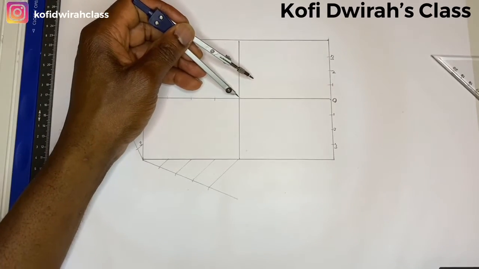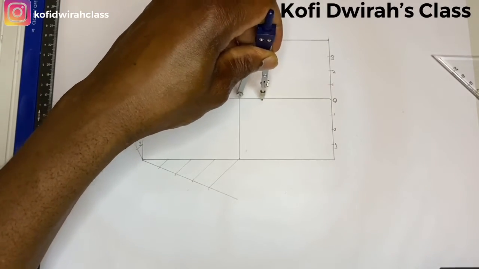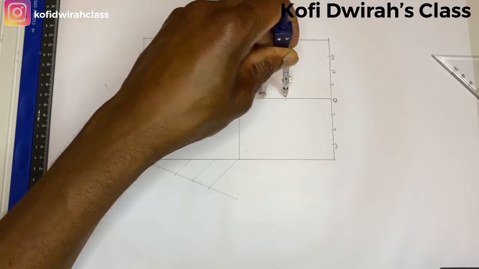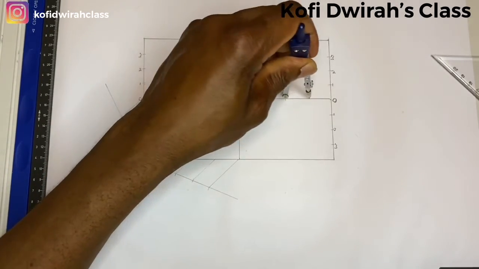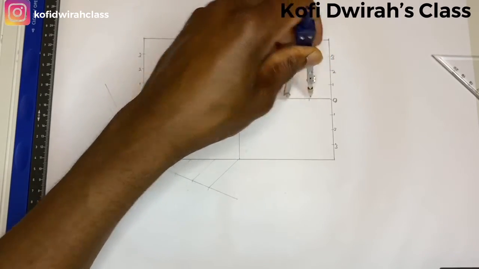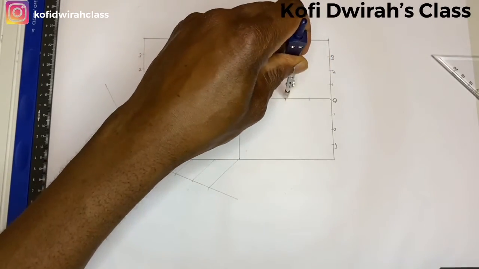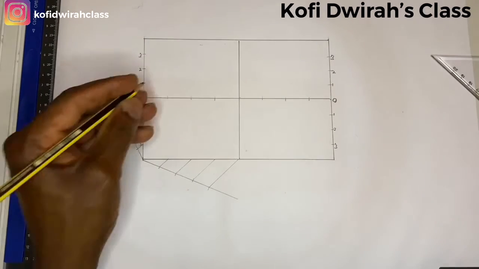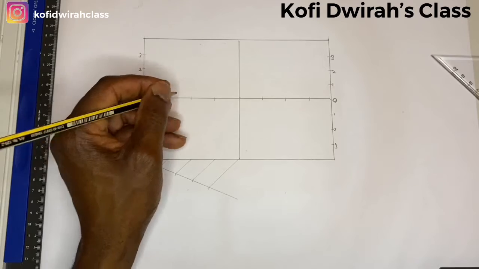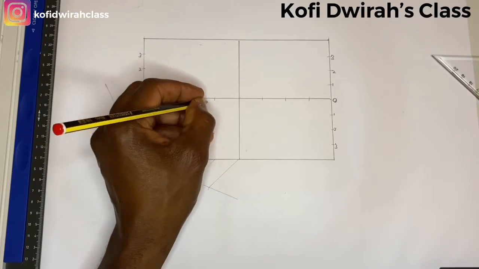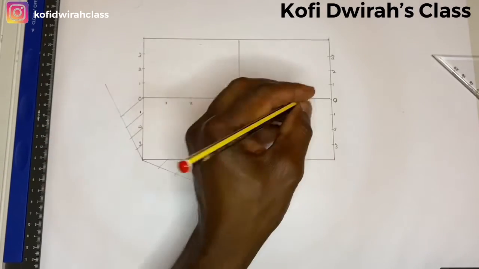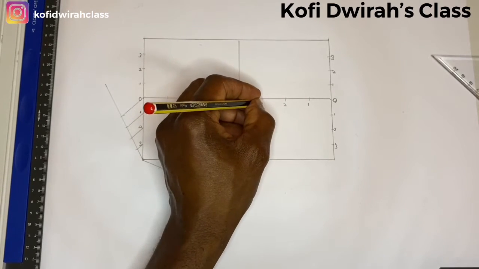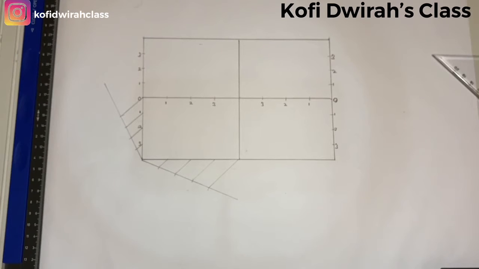So use the same radius to mark here as well. Good. Then we have 1, 2, 3, and here we have 1, 2, 3.